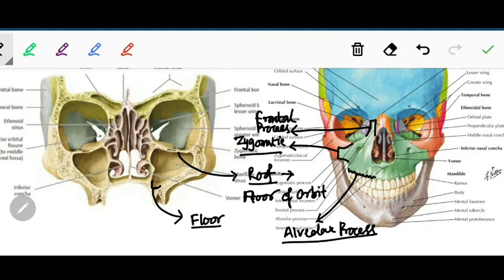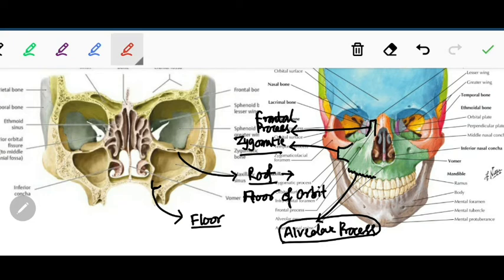Now, of these three processes seen from the norma frontalis view of the maxilla, it is the alveolar process that forms the floor of the maxillary sinus.